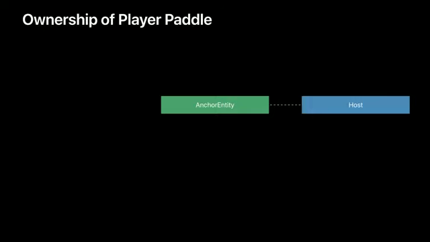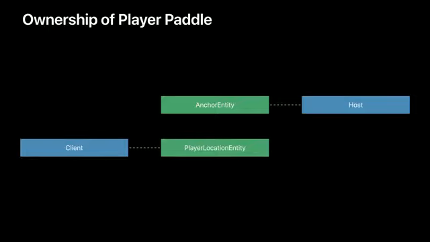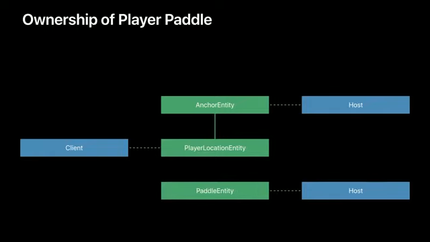When the client joins, it adds another entity to the scene that we call the player location entity, using the subclassing support with RealityKit. This maintains ownership by the client, so the client can update its location with every frame. And that's parented to the anchor entity, so it appears in all the devices. As a child of that, we add the paddle entity, and it's parented to the player location entity.